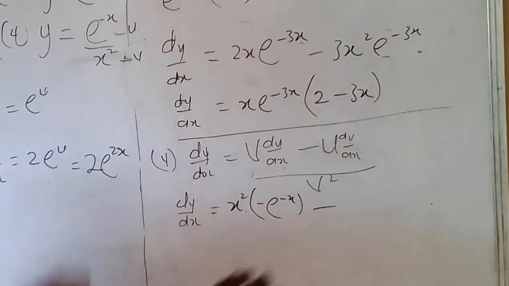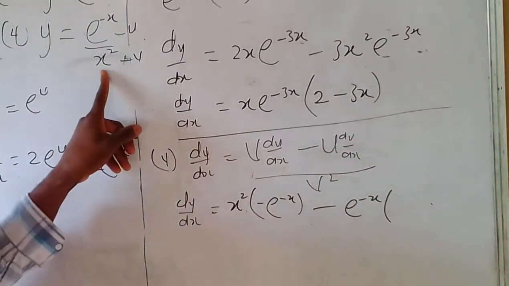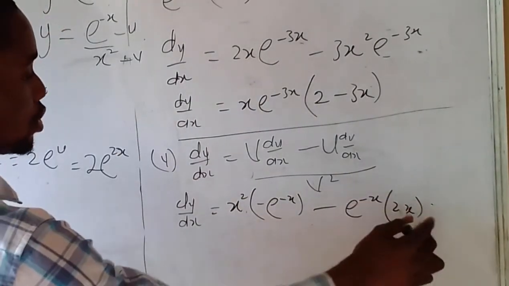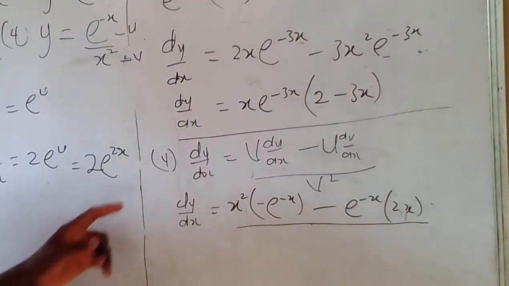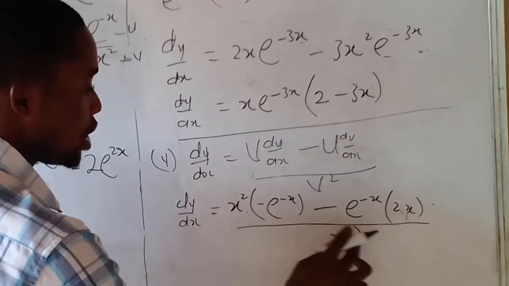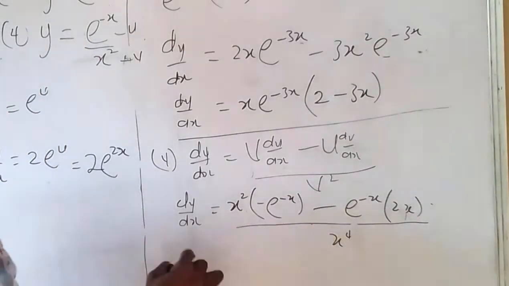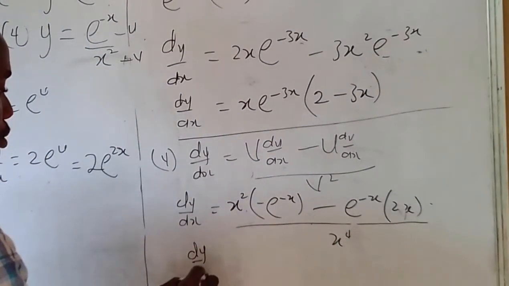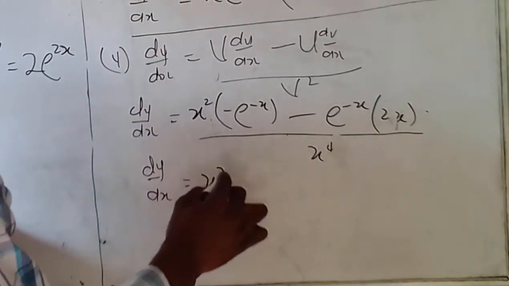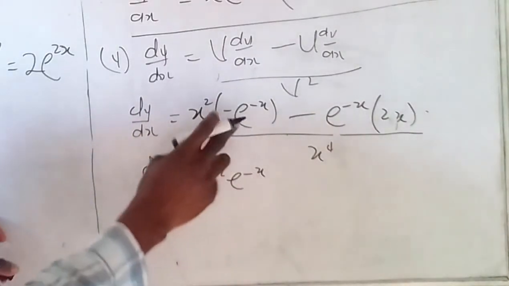u is exponential minus x times dv/dx. This is our v, so differentiating becomes 2x. That becomes 2x over v squared. Our v is x squared. So that's x squared all squared, which is x to the power 4. So dy/dx now becomes x squared times minus exponential minus x, because of this minus that is there.